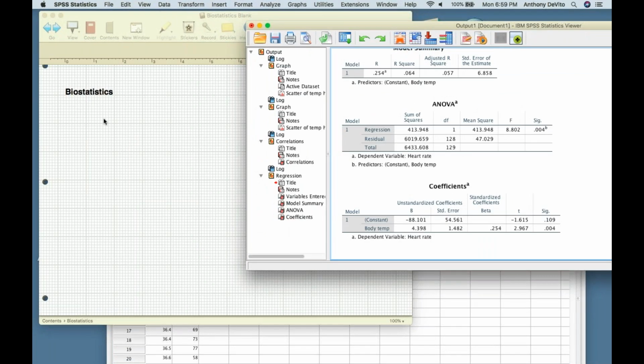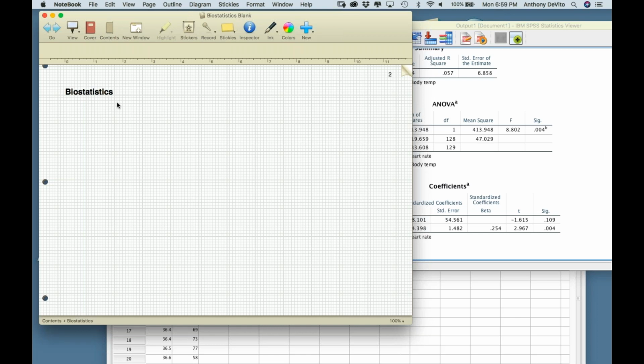Typically with a simple linear regression, the formula that we would create is that y, the dependent variable, is equal to a plus bx, where b represents the slope of the line and x is the value of x.